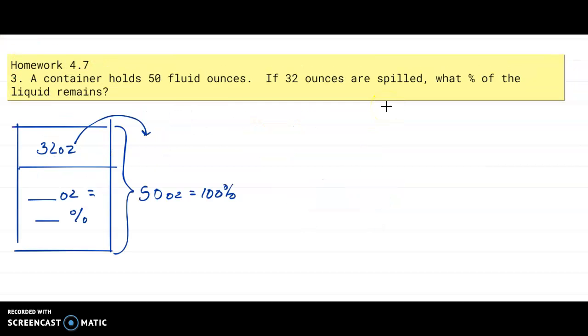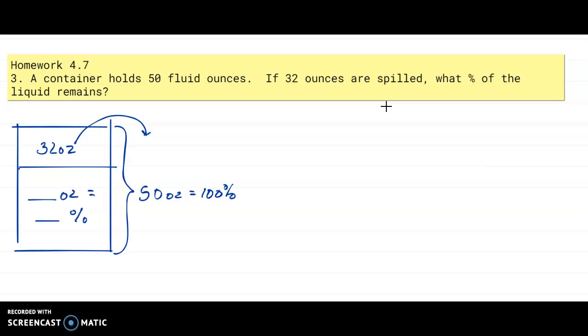Okay, in problem 3, we have a container that holds 50 fluid ounces. If 32 ounces are spilled, what percent of the liquid remains? So I already have the illustration up. There's a tank that holds 50 ounces altogether. That means that if it's full, it is holding 50 ounces, it's 100% full. We are told that 32 ounces have spilled out, and they want to know what percent is still in the can.